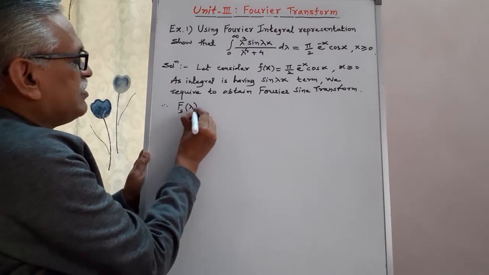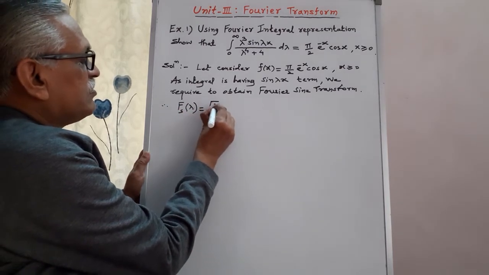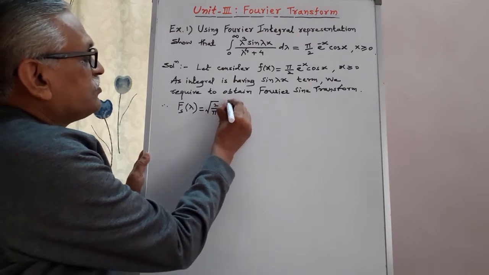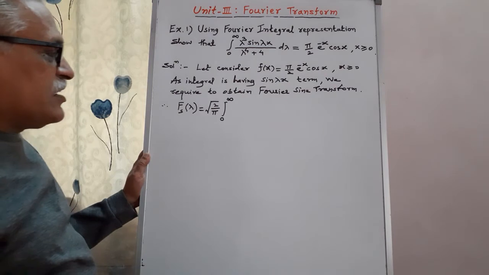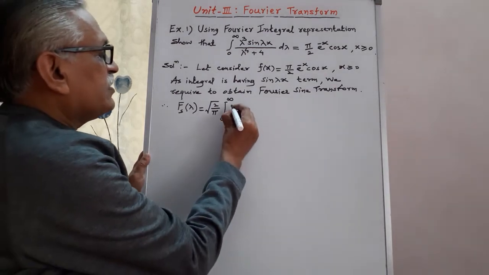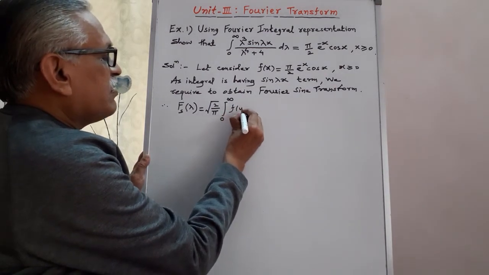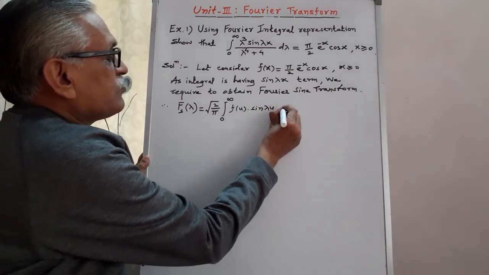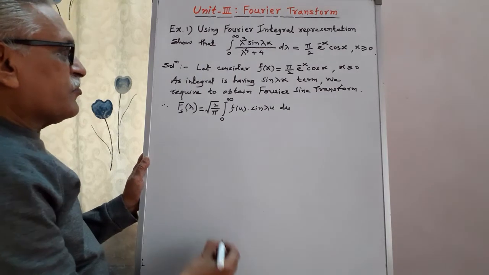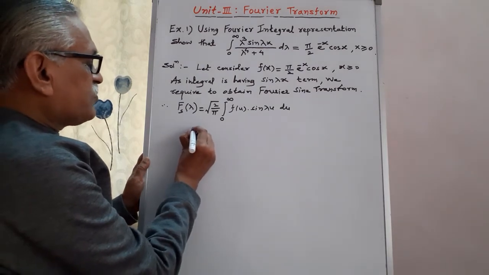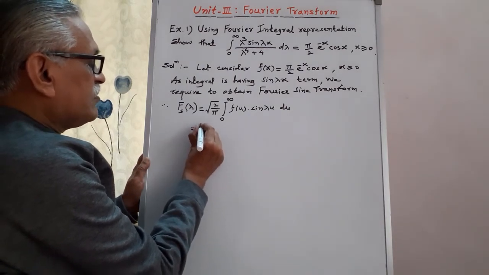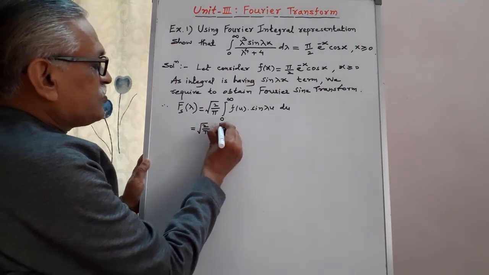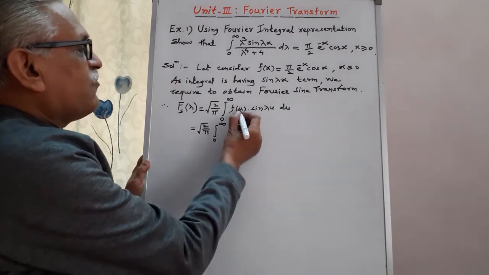Fs lambda is given by root 2 by pi, integral from 0 to infinity of f of u sine lambda u du, and therefore it is equal to root 2 by pi as it is, integration from 0 to infinity of f of u.